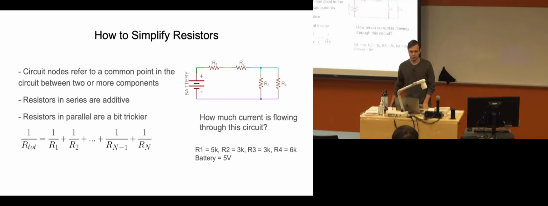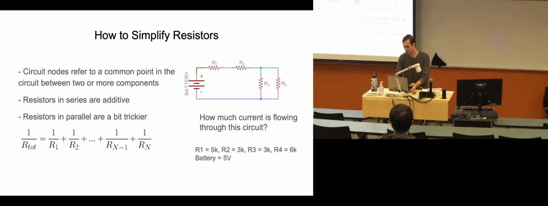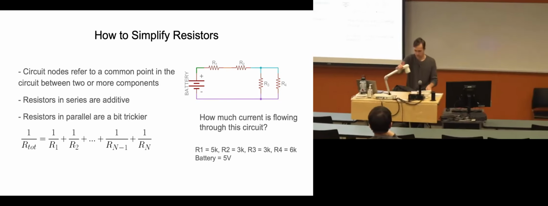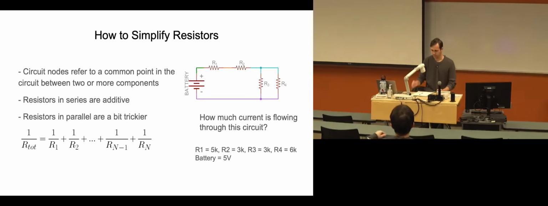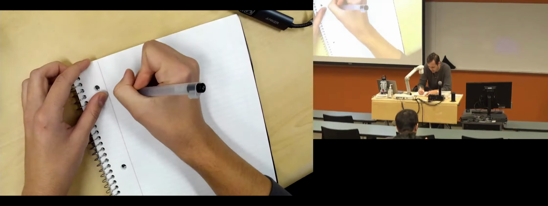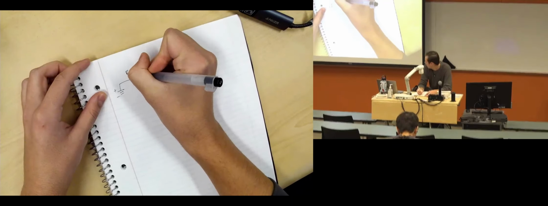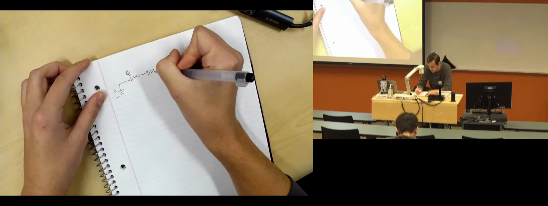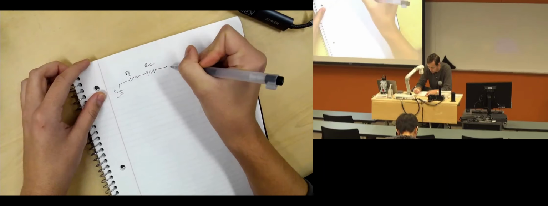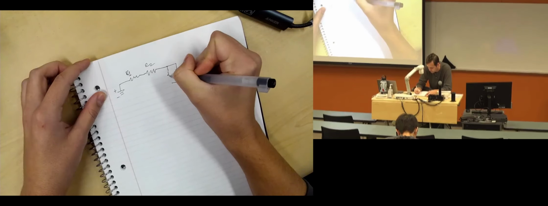So I think we should find the equivalent resistance of this entire circuit, OK? So we have our battery going into R1, going into R2, and this splits off and goes into 2 resistors.